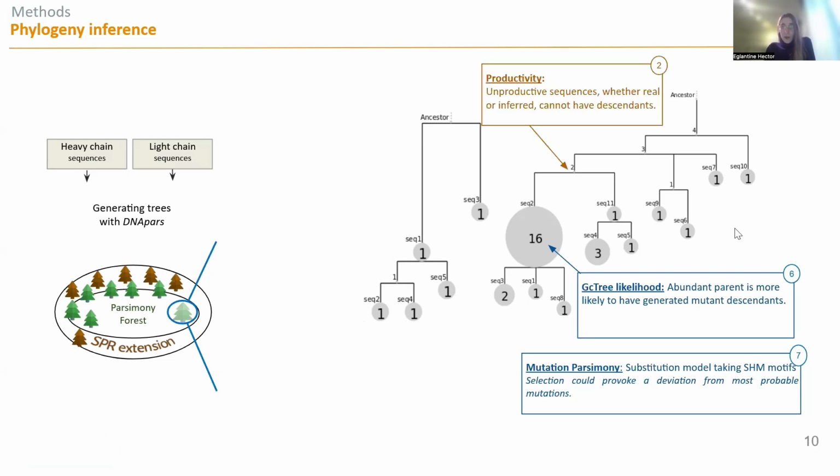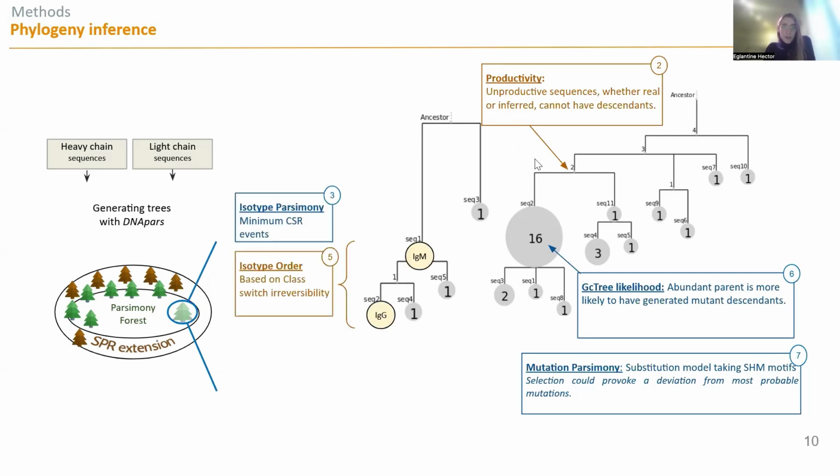For instance, we want intermediate sequences to be productive because we know that unproductive mutations lead to B-cell death, and we don't want that. Also, we check that the isotype order is respected. So for those who come from the biology field, you probably know that this is an irreversible process and that it occurs in a certain order, starting from IgM to IgGs and so on.